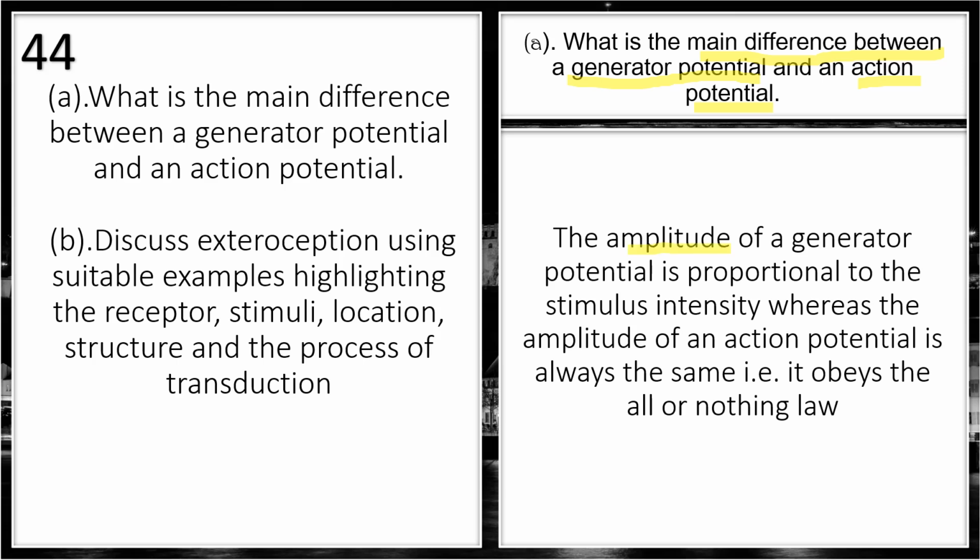The amplitude of a generator potential is proportional to the stimulus intensity, whereas the amplitude of the action potential is always the same. It obeys the all or nothing law.